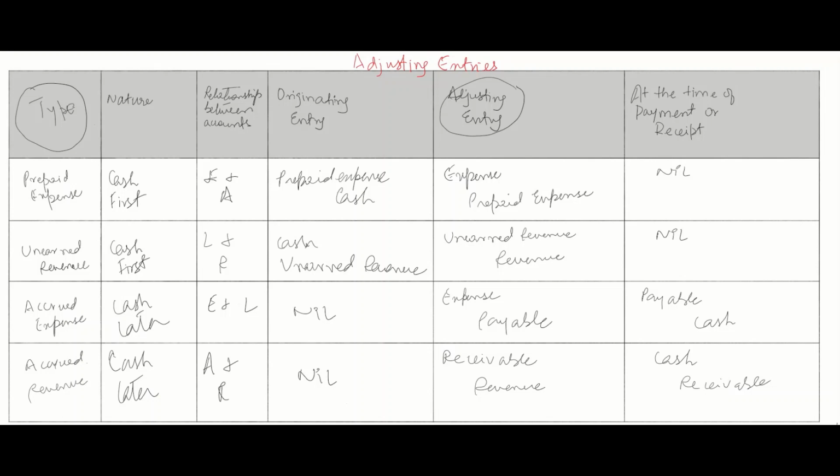Now, matching principle says that your sales in 2019 increased because of the research and development expense that you incurred in 2019. So you have to match your research and development expense of 2019 with the revenue that you have generated in 2019.